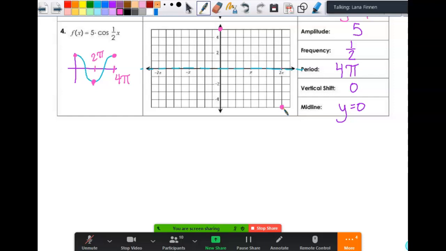And then halfway between these two, I have a 0, which is at pi. And then I would need to double check to see if I could get the other 0 over here, but I can't. It's off the graph as well. So I can only get 3 of those 5 anchor points on the right-hand side between 0 and 2 pi, and that's fine.